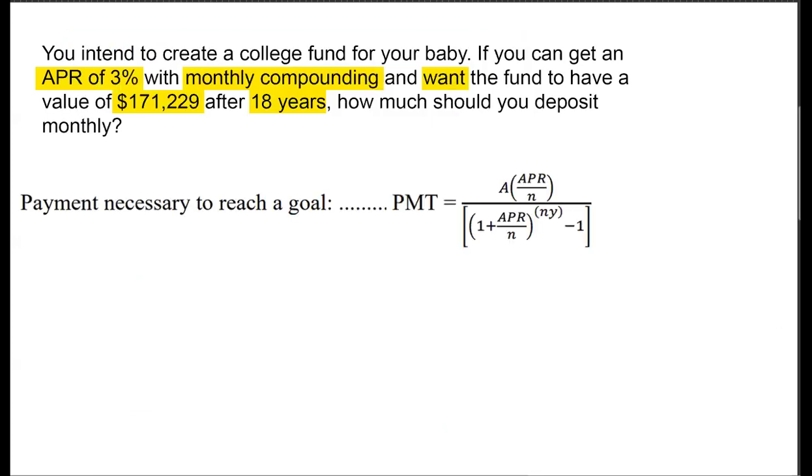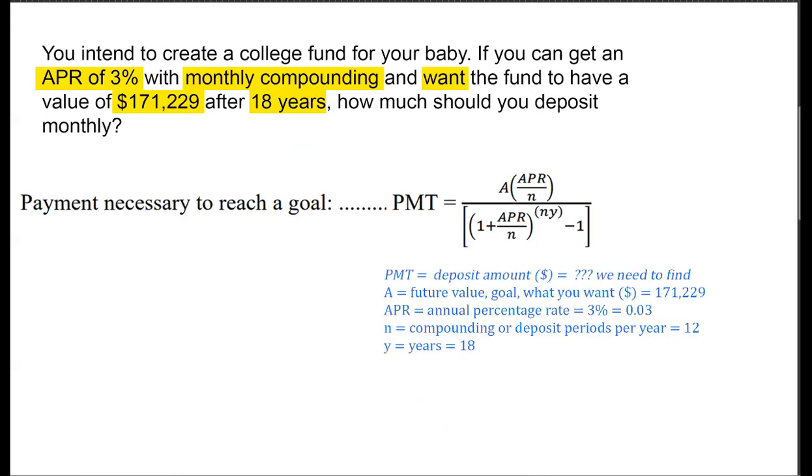Okay, so payment necessary to reach a goal. Let's also identify each of our variables. Payment represents the deposit amount, and that we don't know. That's what we have to find. A is the future value, or the goal, or whatever you want to end up with. In this case, it's the 171,229.